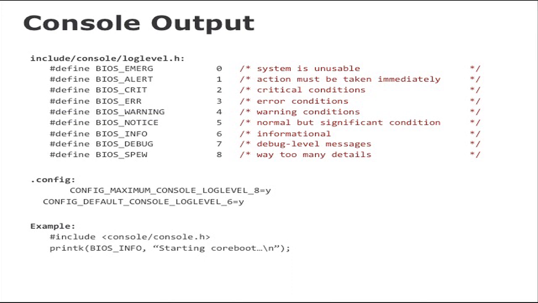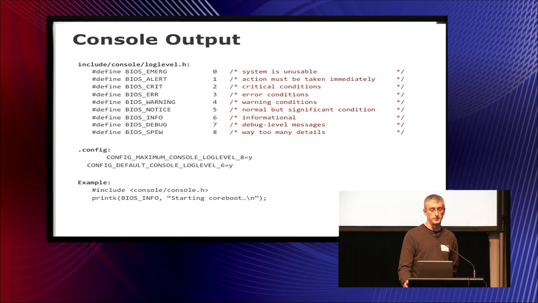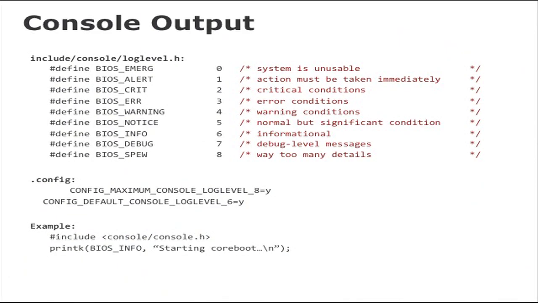And then you can set the default log level, and if enabled, you can change the log level used in CMOS, which allows you to then see more messages if you're trying to debug. As a simple example, printk, a BIOS info level, and a message. The main difference to the kernel is obviously the BIOS info prefix instead of KERN info, and the fact that there's a comma instead of just a space. I think it's just a difference in the printk implementation.